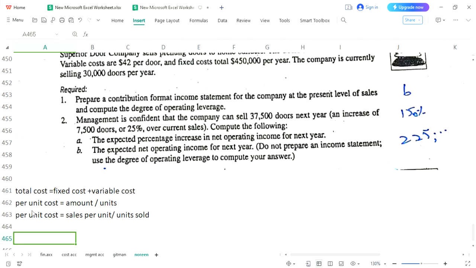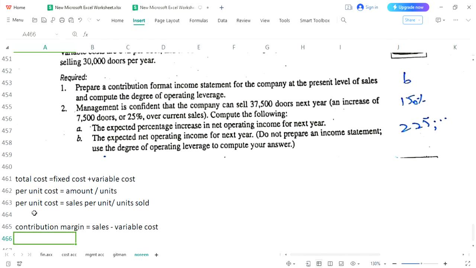Then we have discussed our contribution margin. Contribution margin can be calculated by subtracting variable cost from the sales. So you can write sales and then subtract variable cost. Then you have calculated your contribution margin per unit.